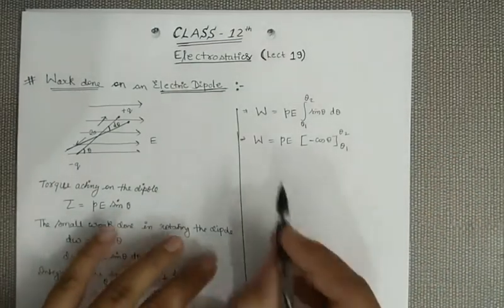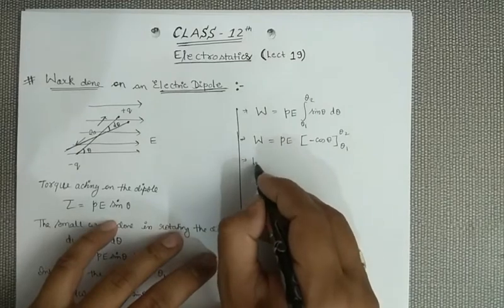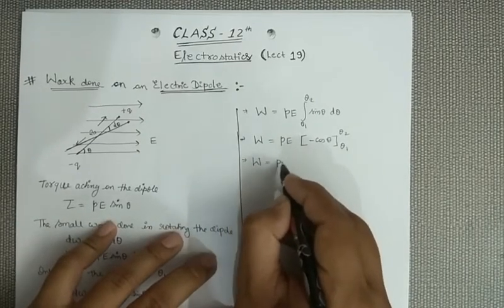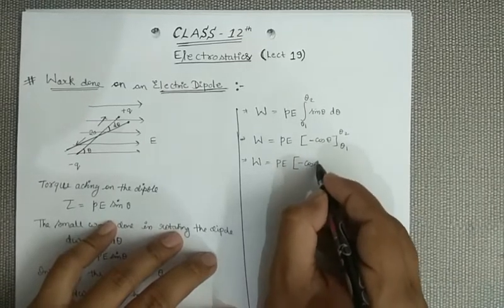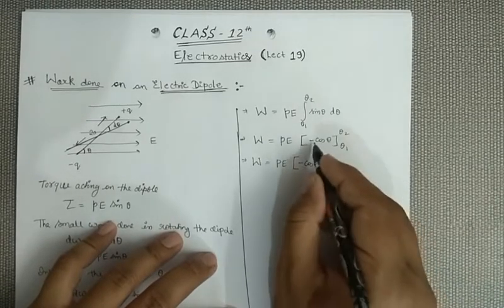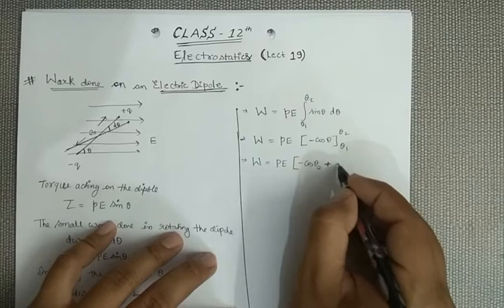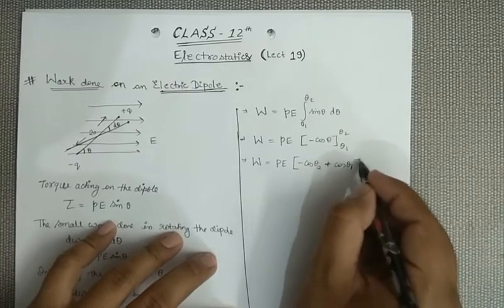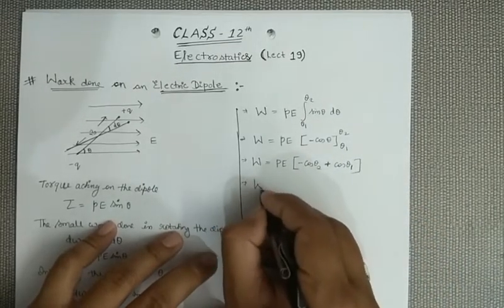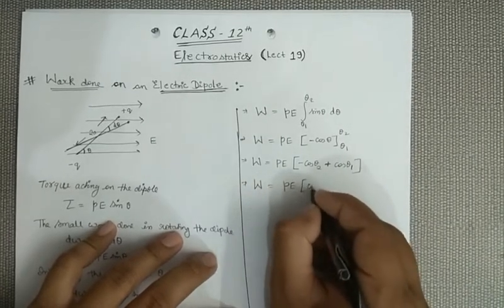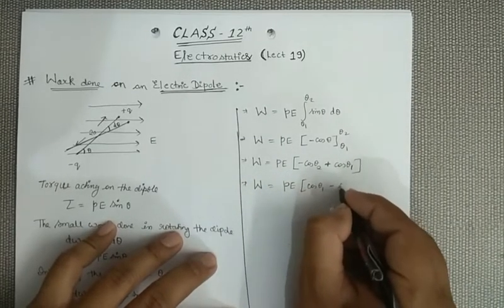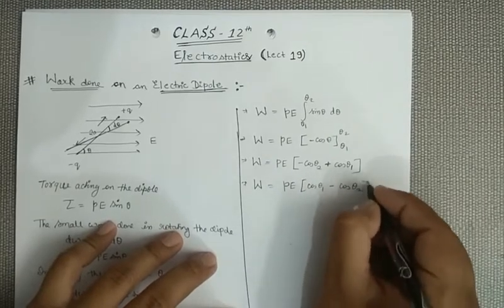So you have to substitute the values of upper limit minus lower limit. Your upper limit is theta 2, so minus cos theta 2, and here comes minus, and it is already minus, so minus and minus gives plus cos theta 1. On rearranging, you can also write W equals pE (cos theta 1 minus cos theta 2).